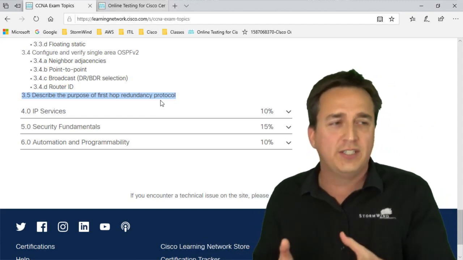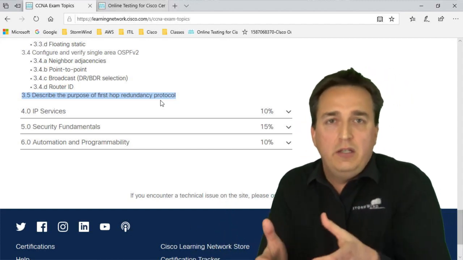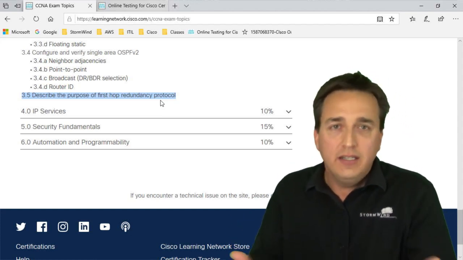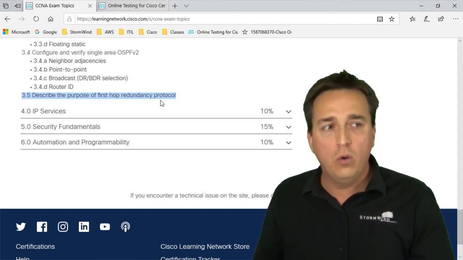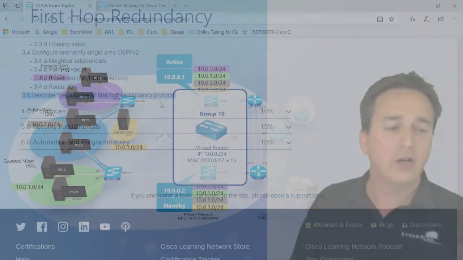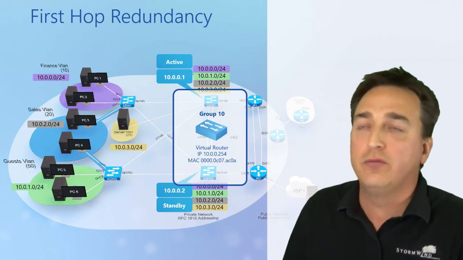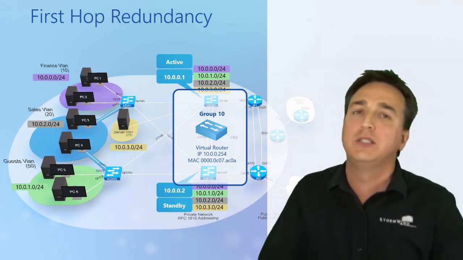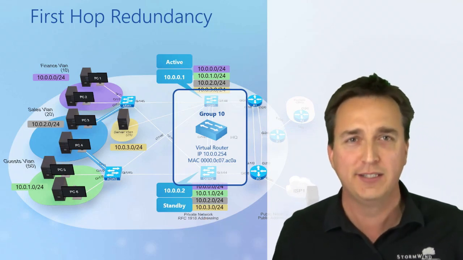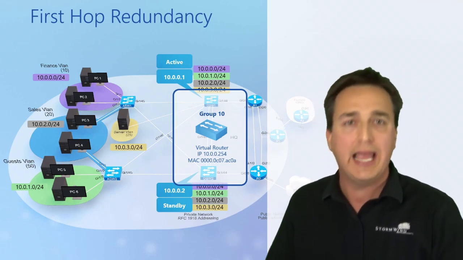In order to really understand the characteristics of these first hop redundancy protocols like HSRP and VRRP, you will have to examine them in deeper detail and even see potentially a configuration of them, so you have a better understanding of things like the virtual router IP address, the virtual router MAC address, the active versus standby states, the master versus backup states. Well, that's more than just describing the purpose of a first hop redundancy protocol. That is about understanding how a first hop redundancy protocol functions and works.